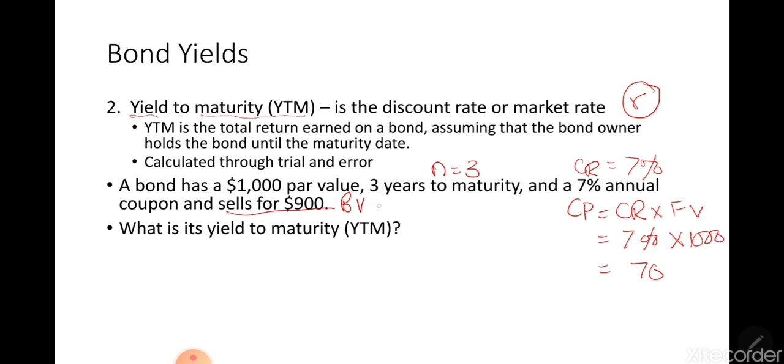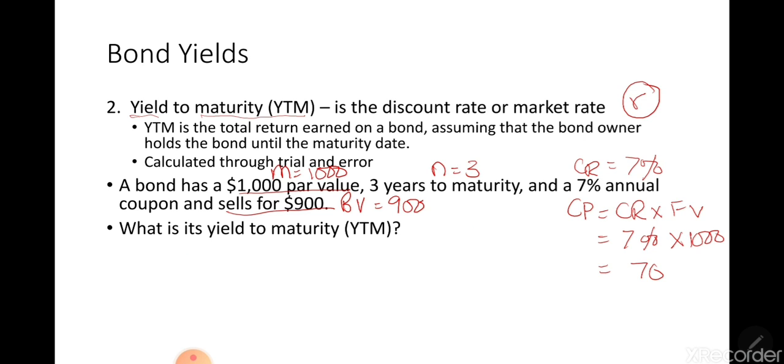So the bond value is 900. This is all the information that we have. You can see now in the question you have the bond value, and the market interest rate, the discount rate, is missing. That is exactly what you're supposed to calculate.